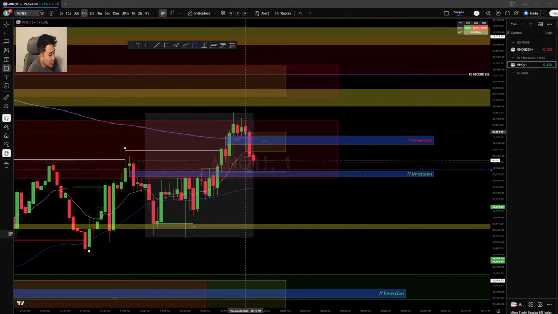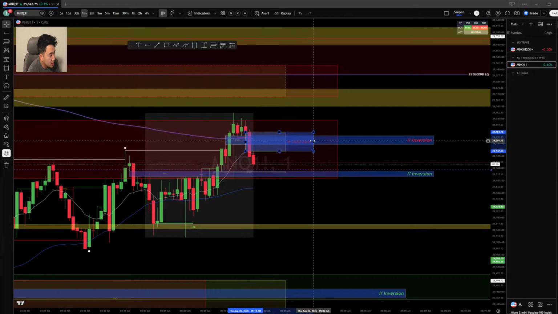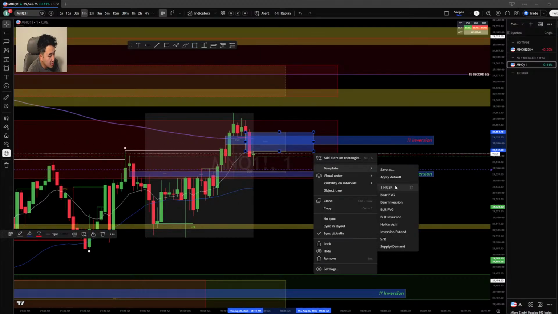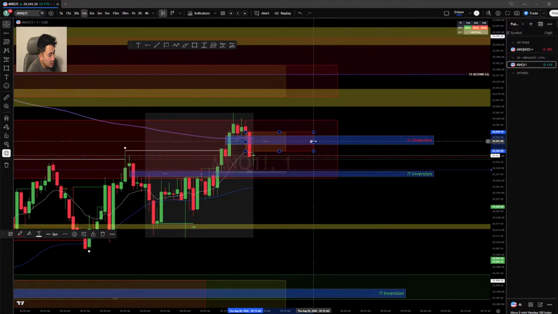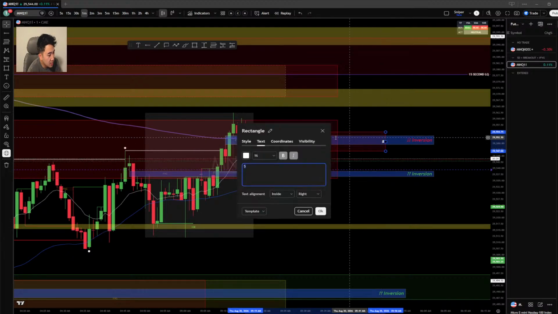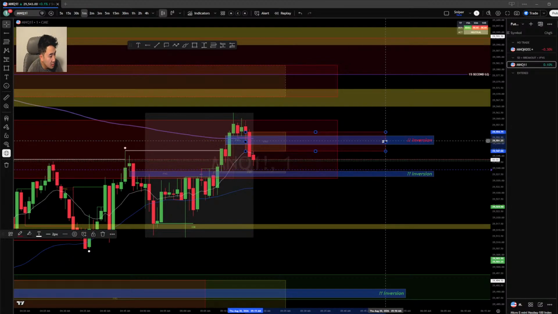I would be careful of this right here if it forms. I wouldn't take a trade into a stacked bearish FVG, and then stacked on top of a... I don't know why this keeps saying 5. Let's delete that.